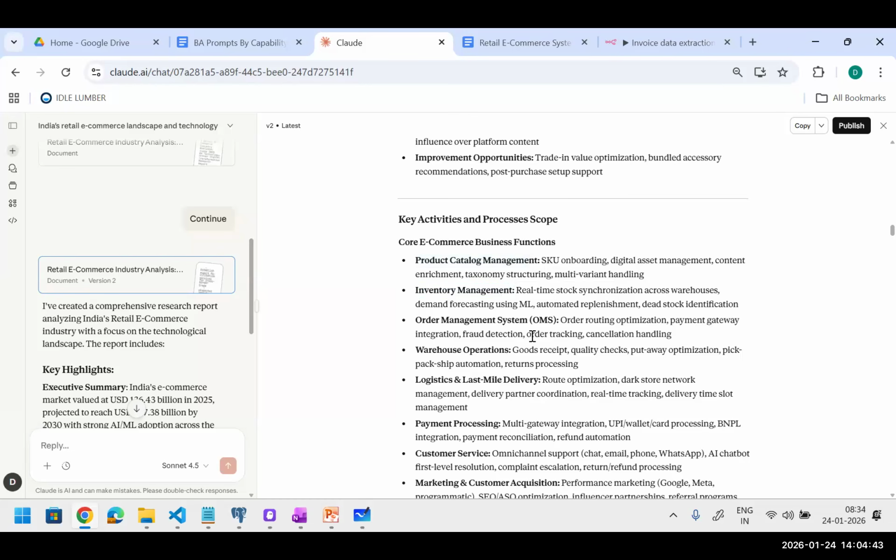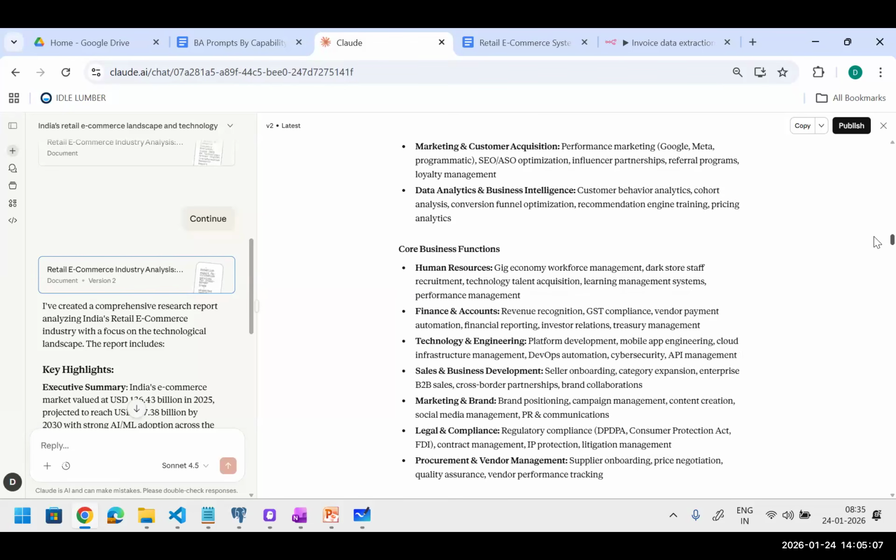If you talk about automobile manufacturing, let's say Tata Motors in India, or Ford in the US, the core operations will change. Therefore, understanding key activities and processes is very, very important for a business analyst to start.